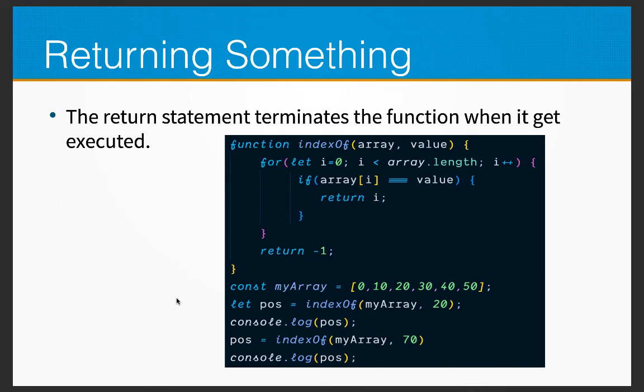Like in this example, where I have a function that receives an array and a value and cycles through the array, and as soon as it finds one of the elements of the array which has the value equal to what we are looking for, it returns its position.